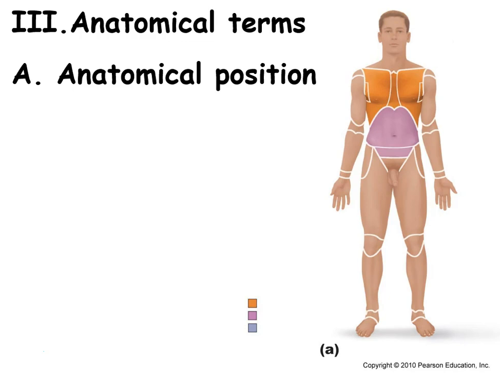Now, to understand anatomical terms, you have to realize that the body must be in anatomical position, because if we're not in anatomical position, then we cannot compare one body part to another body part and be on the same page, because I might be visualizing a person standing up, like this man who is in anatomical position, and you might be thinking of a person laying on the bed on their back, and somebody else might be thinking of a person sitting down.